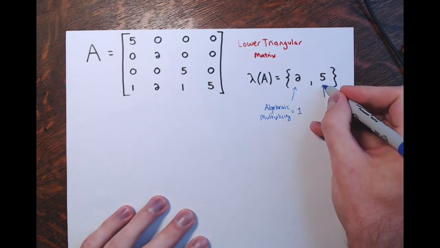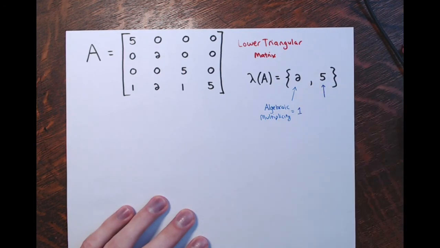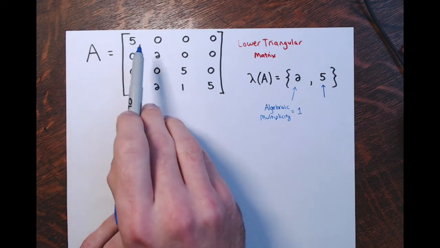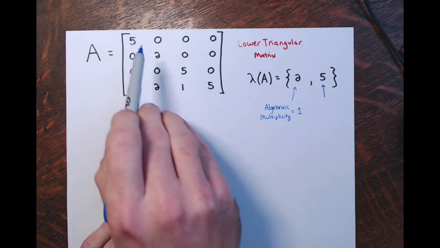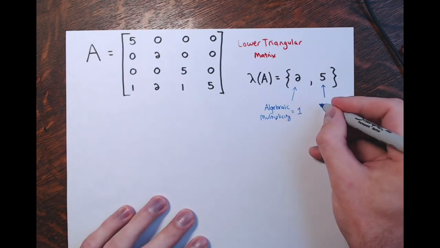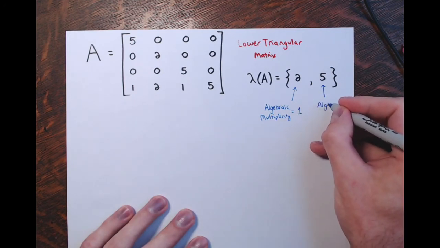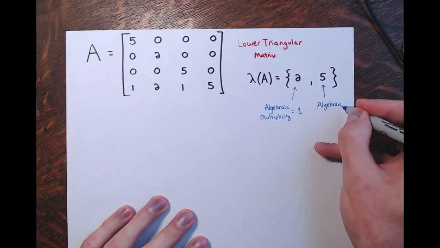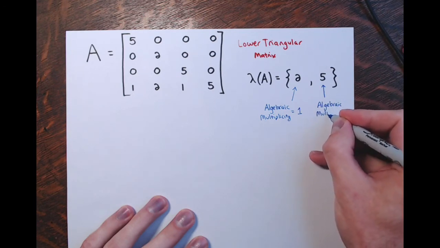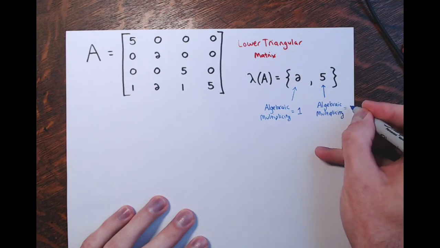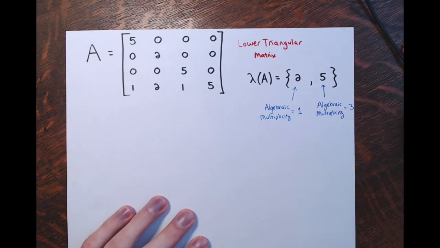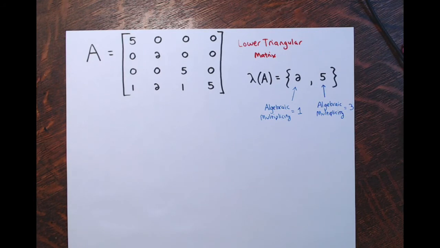Whereas for the eigenvalue of 5, the algebraic multiplicity would be 3. You see 5 repeating 3 times here. So the algebraic multiplicity of 5 is 3.